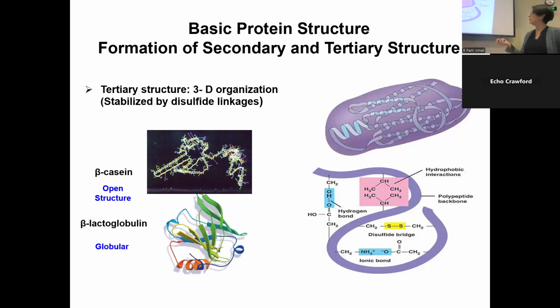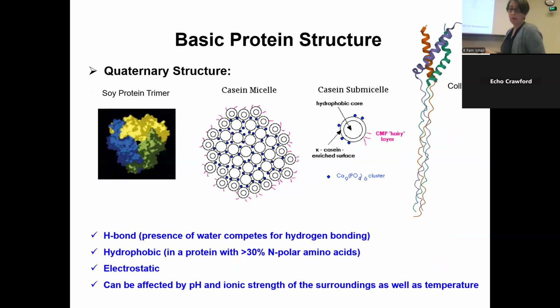The reason that caseins are open structure, again, is the high percentage of proline that is there, that does not allow them to really fold on itself. So quaternary structures are formed due to many reasons.